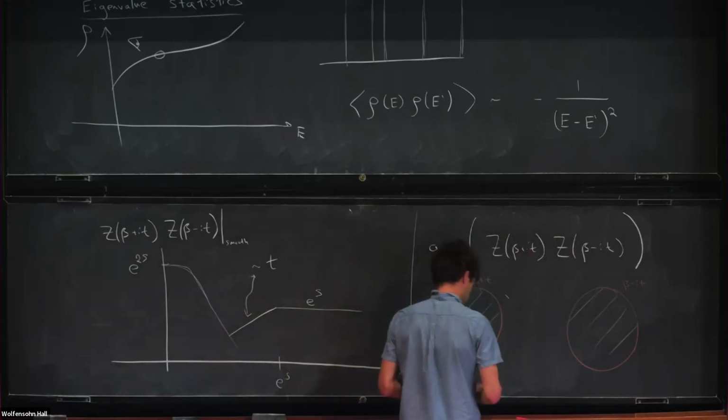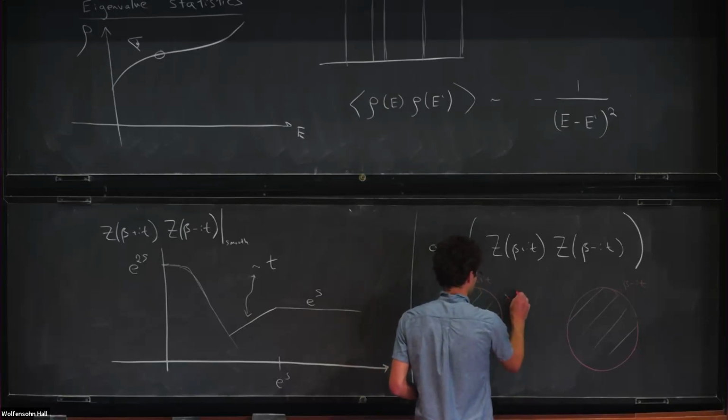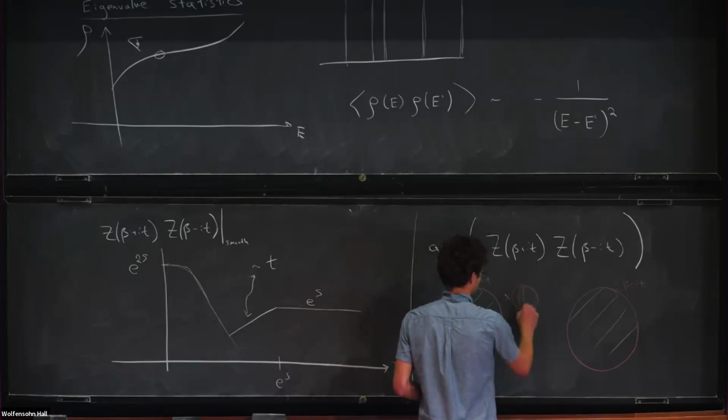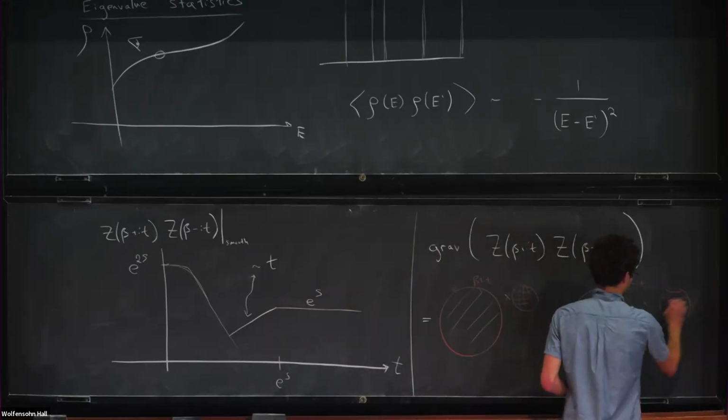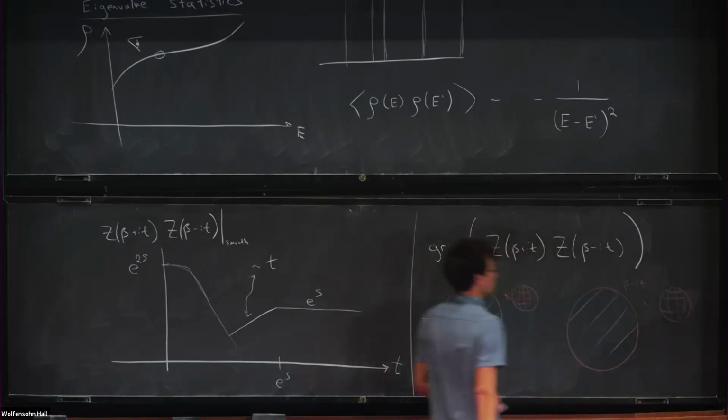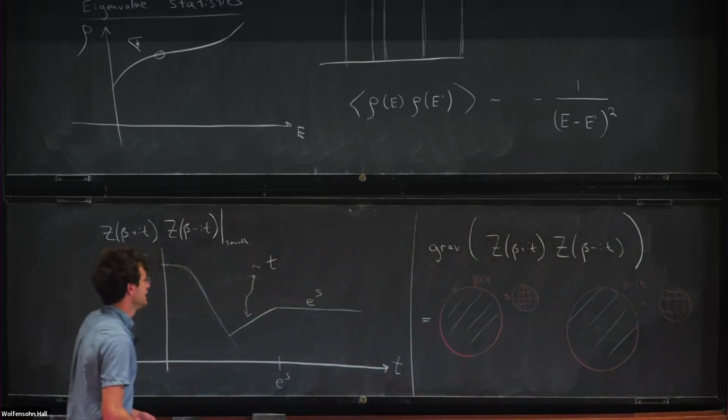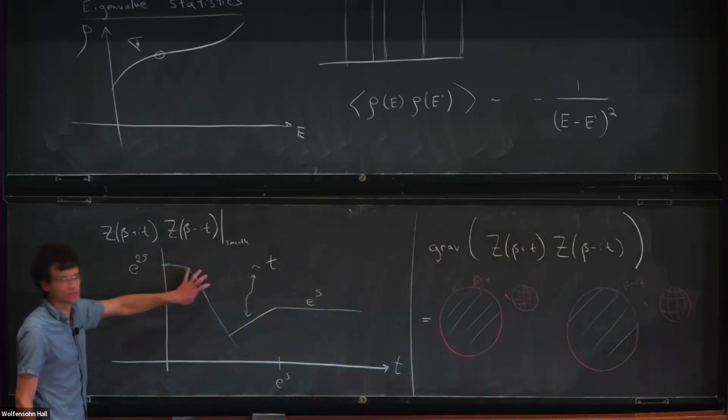Here we also have a product with this sphere. So you fill in the two disks, and that gives something that decays with time and reproduces this part of the curve.